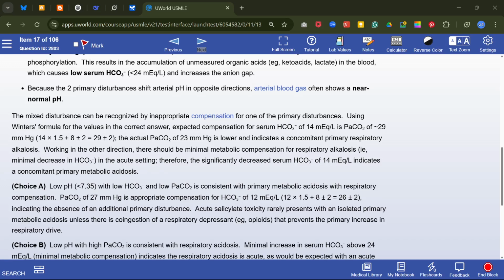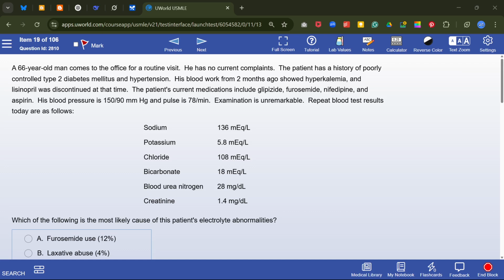So this patient's potassium is higher, hyperkalemia. If we calculate the anion gap: sodium 136 minus chloride 108 plus bicarbonate 14, that is 122... so 136 minus 122 equals 14.